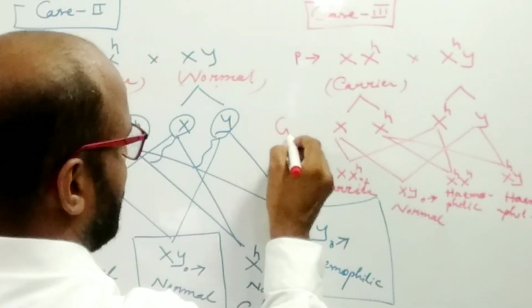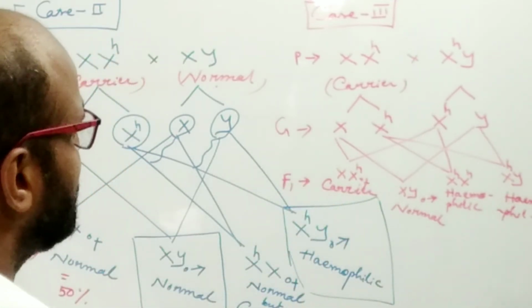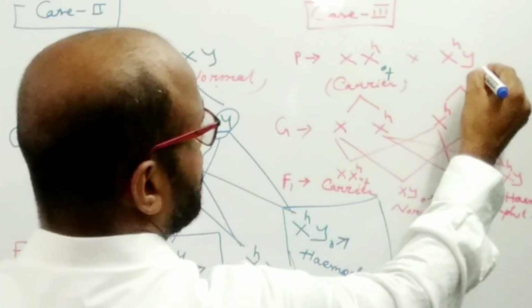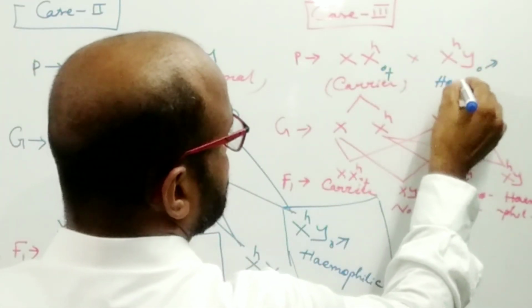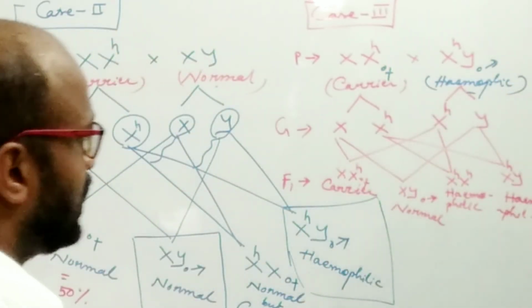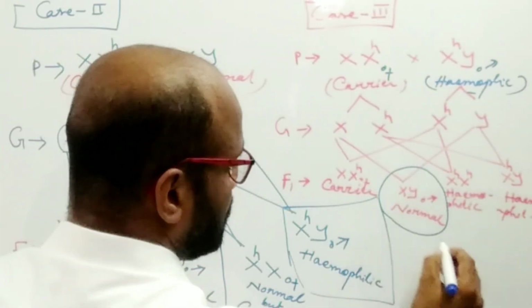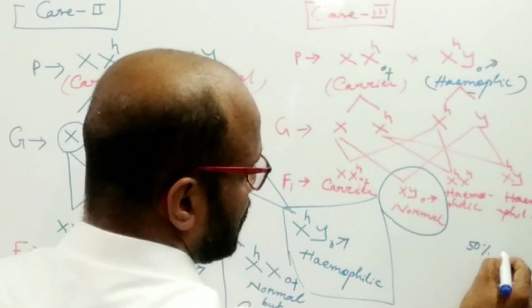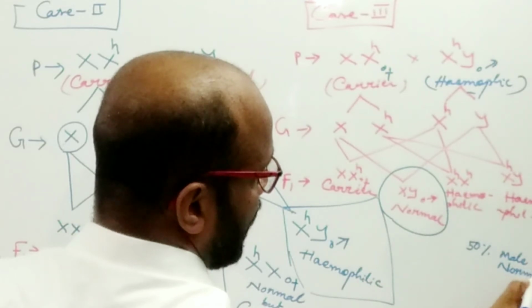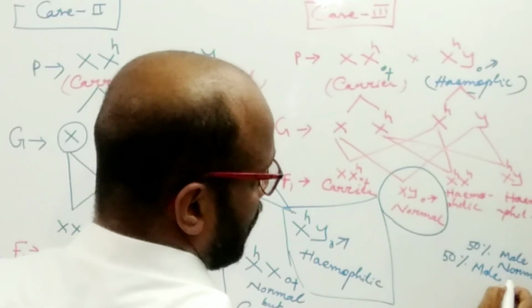So these are the gametes and this is the F1 generation. If the marriage takes place between a carrier female and a hemophilic male, then in the F1 generation 50% of sons or males become normal and the other 50% of sons or males become hemophilic.